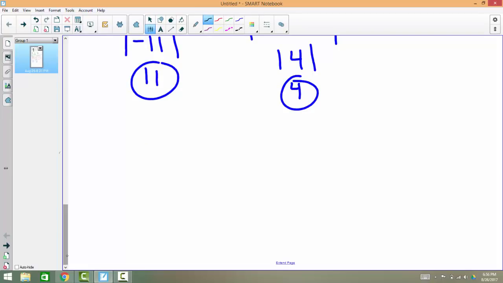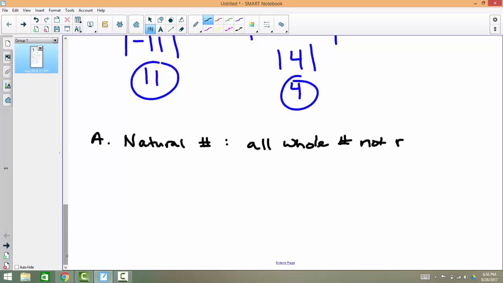Okay, we're going to talk about all the different ways to label numbers. So natural numbers are all of the whole numbers that are not negative. So they are basically positive whole numbers.